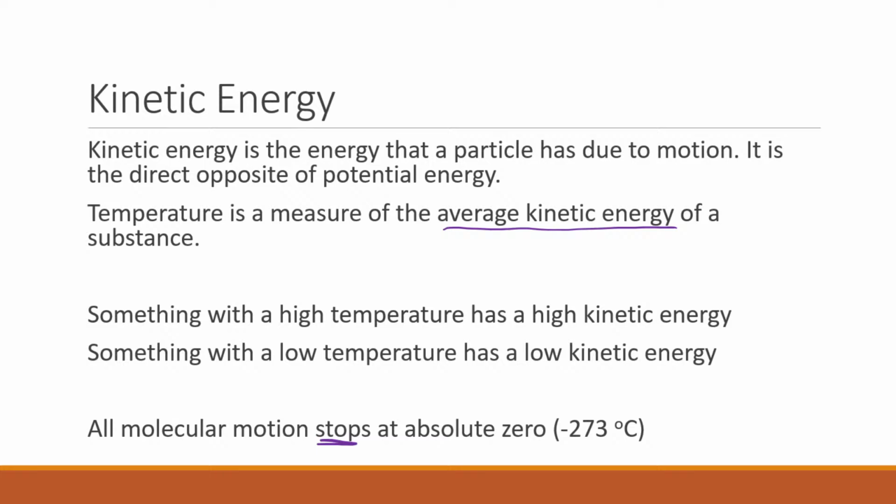Now, scientists at the time that this was discovered or theorized didn't really love negative 273. They didn't like that it went down to negative 273. It seemed arbitrary. And so what they did was they created the Kelvin system, which sets absolute zero to 0 Kelvin and then goes up from there.